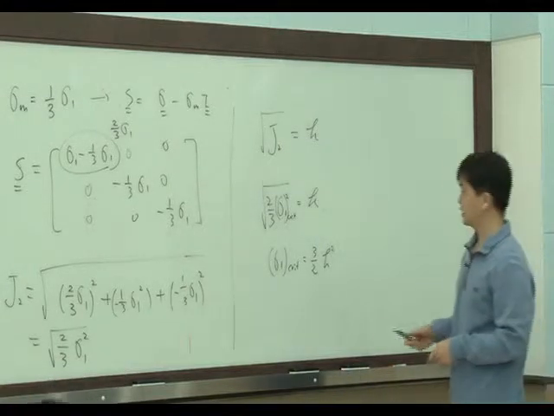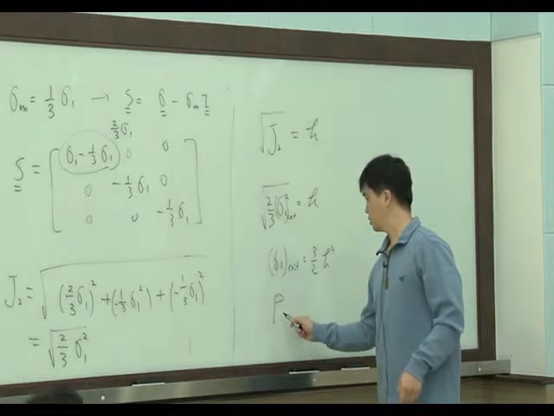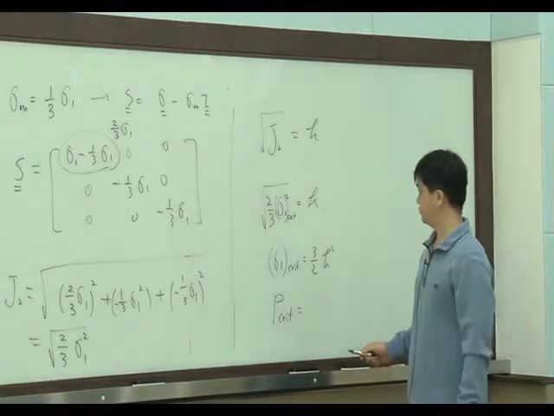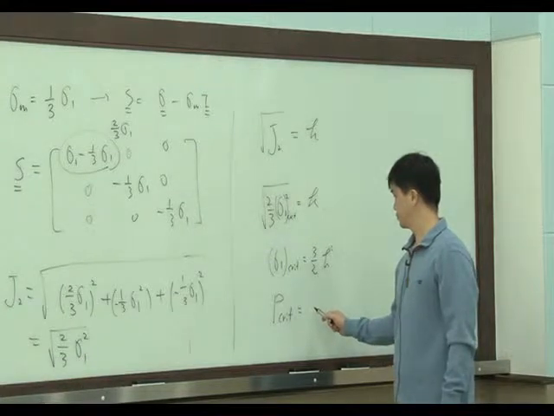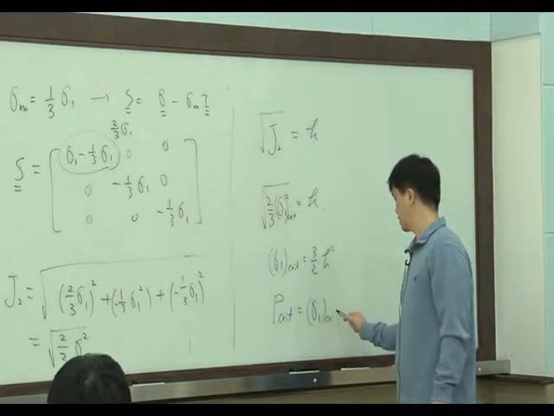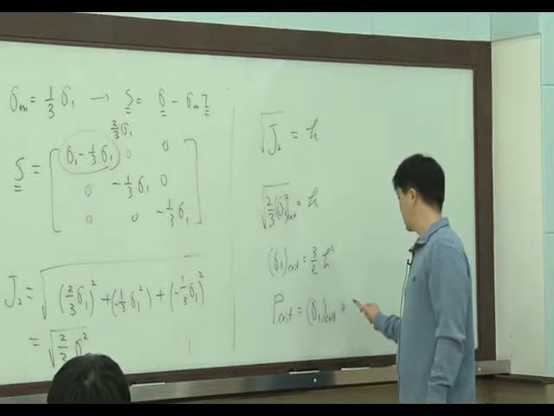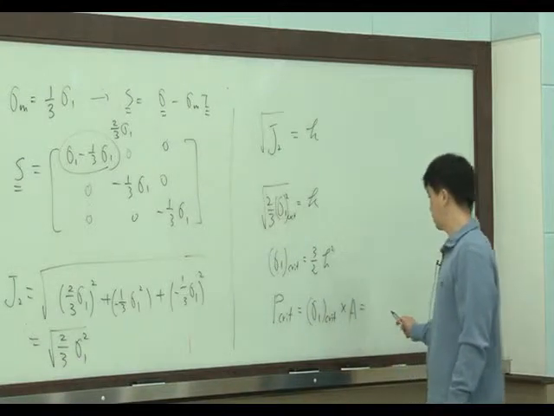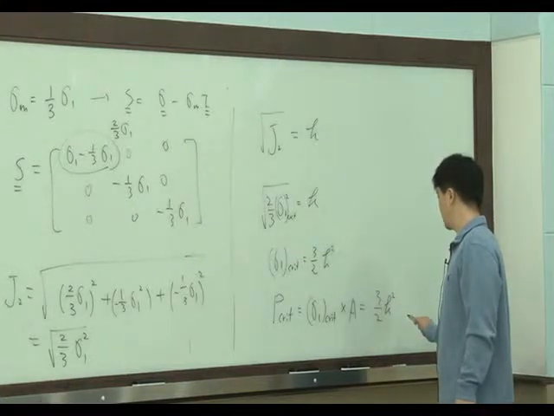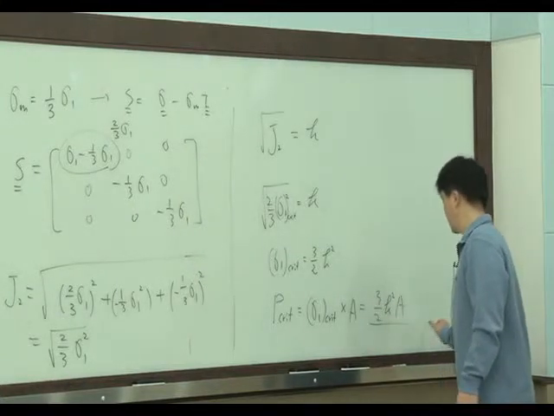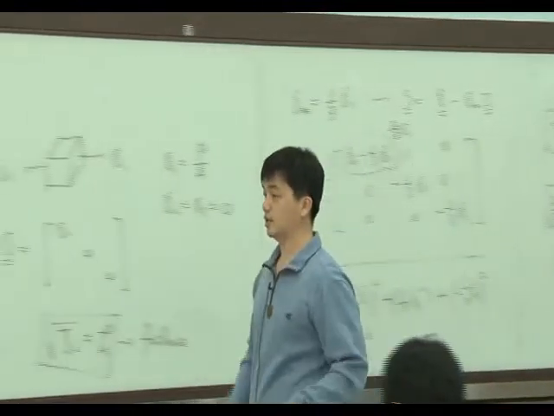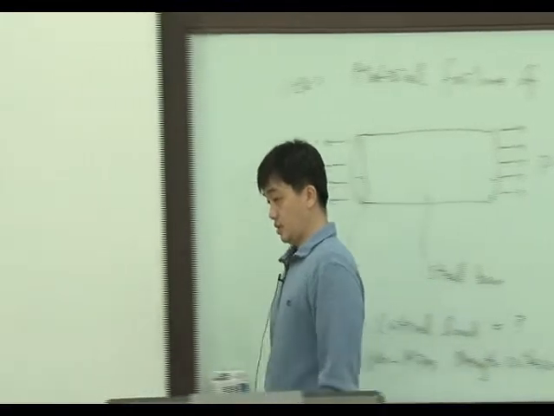Then how about the P critical? Sigma critical multiplied by area equals K square root of 3 times A. This will be the critical load.